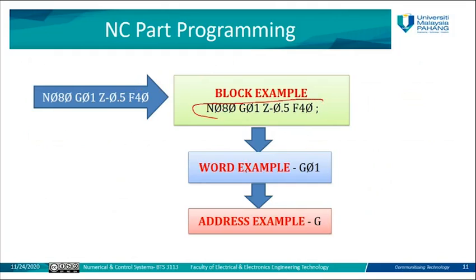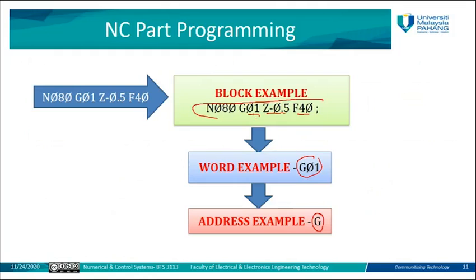Then an example of a word is G01. So this is a word, this another word, this another word. If you want an address, the letter G, we call it address. So a block consists of words, and words consist of addresses.